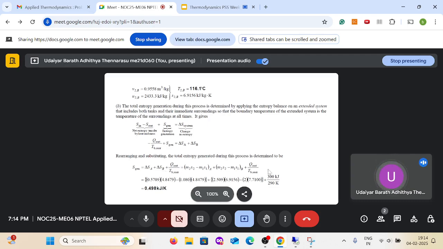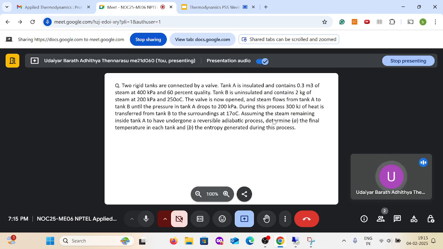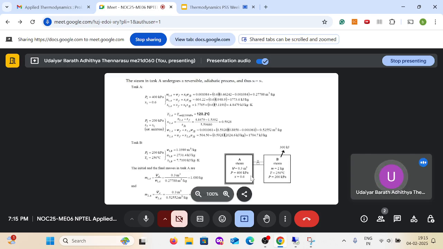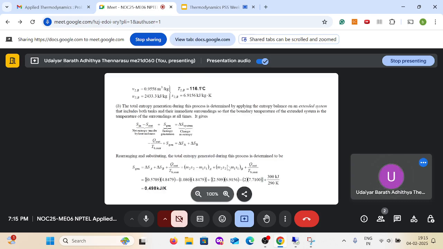So substituting the values here, since tank A goes through a reversible adiabatic process which is specified, the entropy change in tank A will be 0, so you can straight away write this as 0, and it will come out to be M2S2 minus M1S1 for tank B plus Q out by T surrounding.